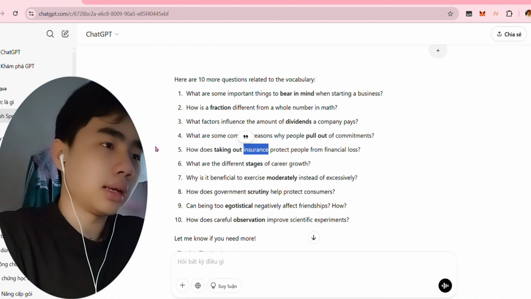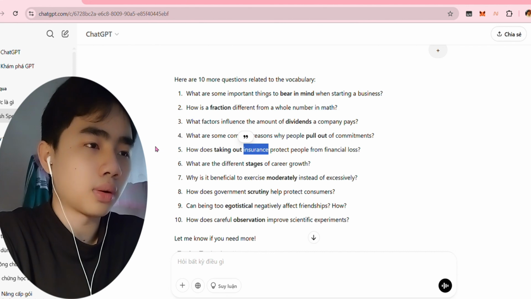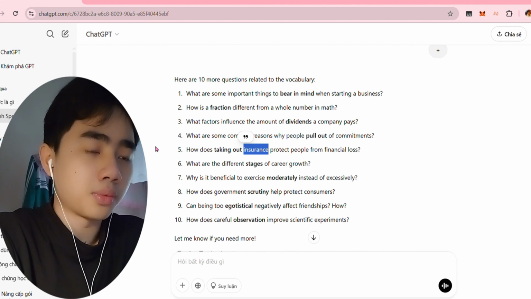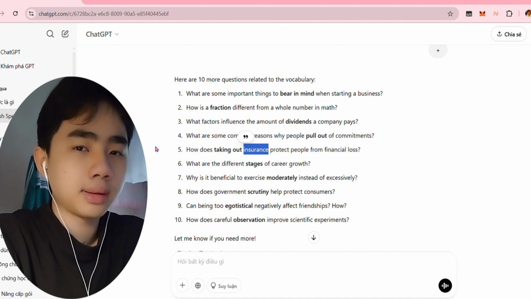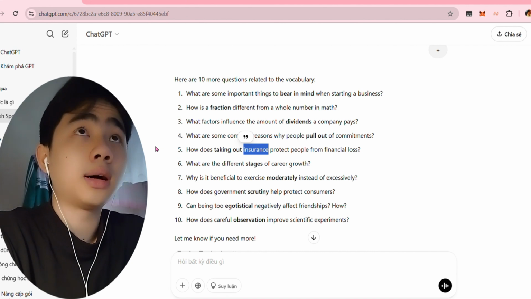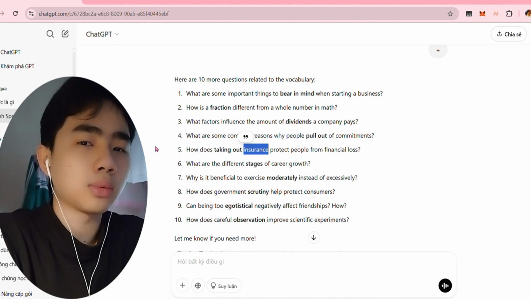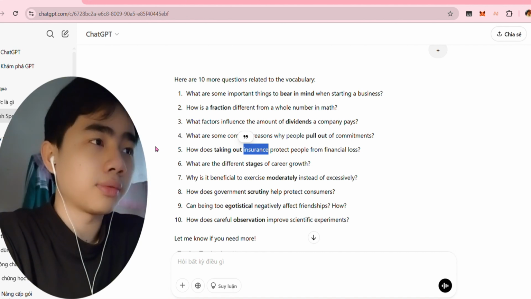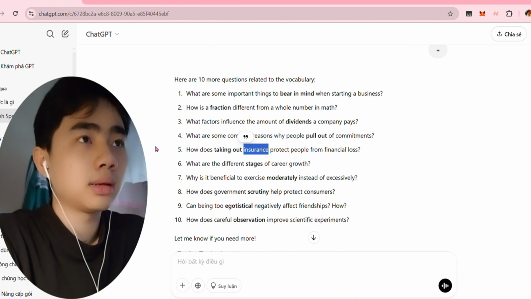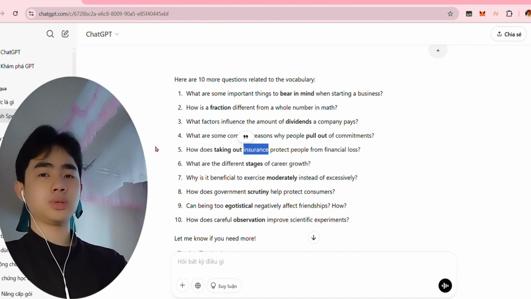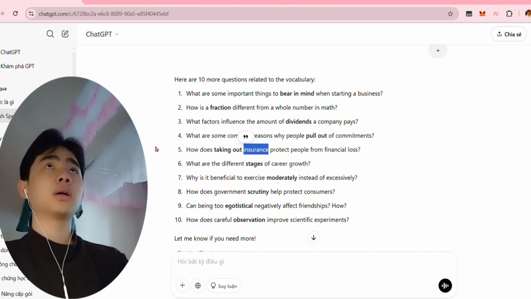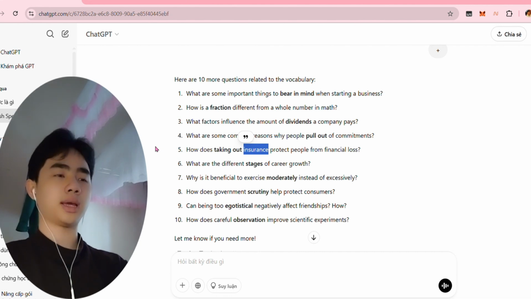So number 6 is, what are the different stages of career growth. Number 1, the first stage is newbie or beginner. At that time, it's really hard. You just try the work for a few months and get small pay. Number 2 is you settle in the company.